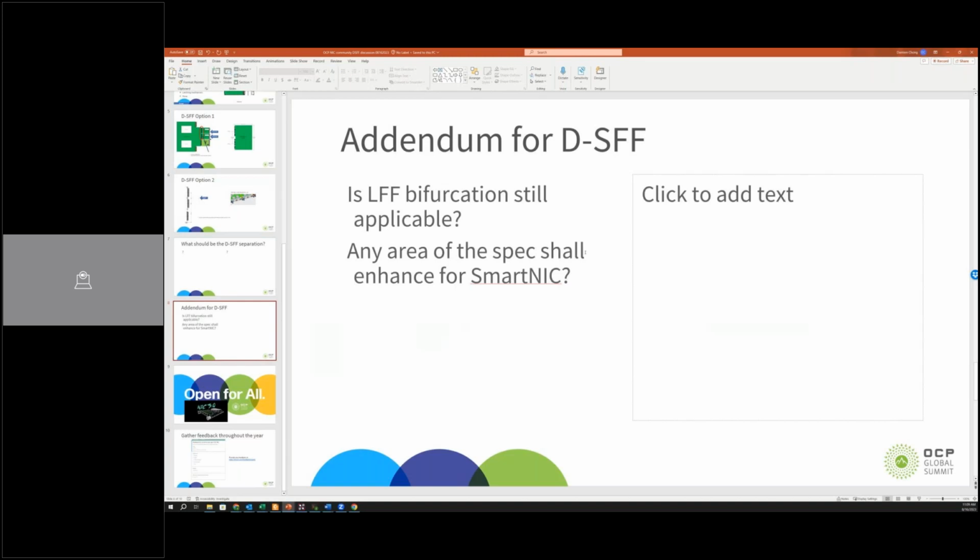When we first defined the LFF, it was intended to be a higher speed NIC, but I don't think we envisioned the smart NIC and how it evolved into DPU, IPU, and some other PU use cases. So it's good to take a look at whether there is any need to be different from a pin assignment perspective for DSFF.